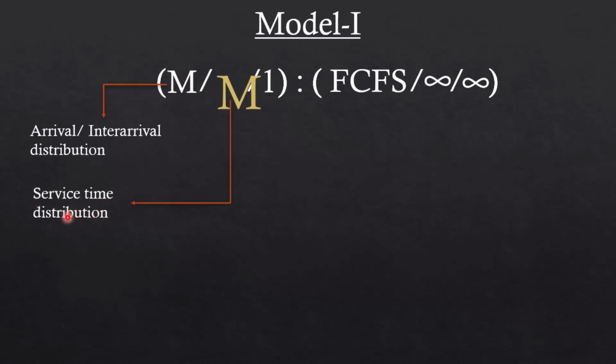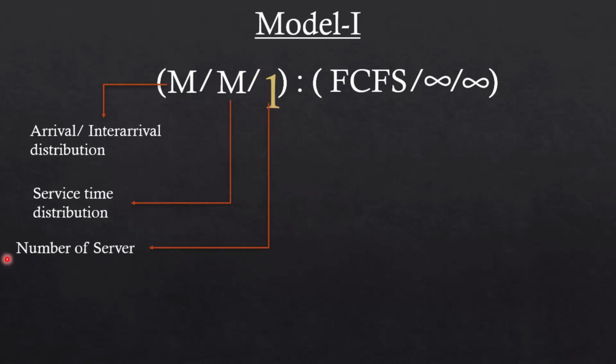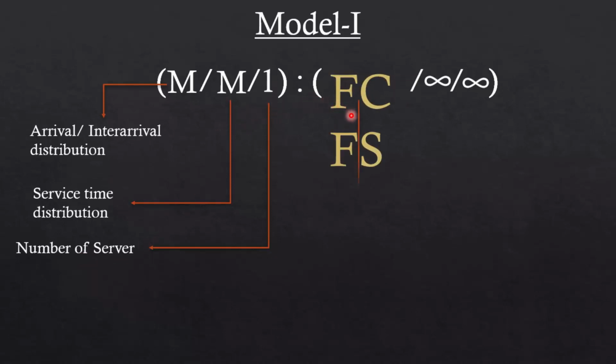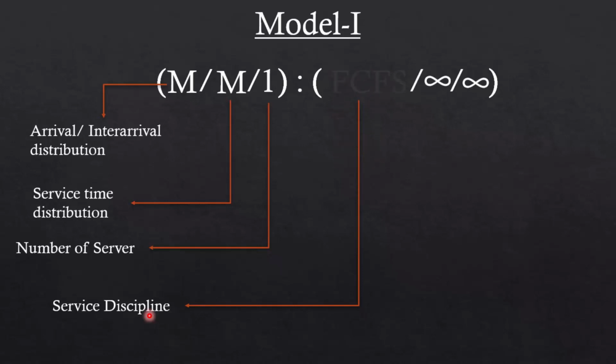Service time is exponentially distributed, and it also follows the Markovian property, which is represented by capital M. Next, the 1 shows the number of servers. So this is a single server model and the number of servers is 1, and FCFS is first come first serve, which is the service discipline we have studied earlier.